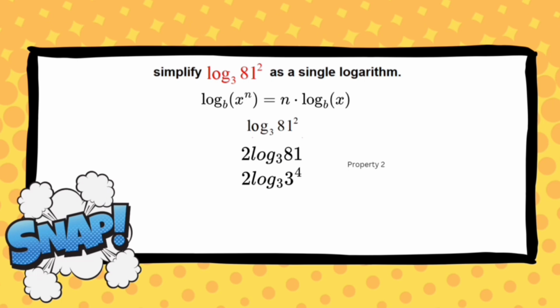Now, using the property 2, which is log of b raised to x with base b is equal to x, 2 times log of 3 raised to 4 with base 3 will become 2 times 4. Multiplying these two will get 8. So big powers, logarithms make them manageable.